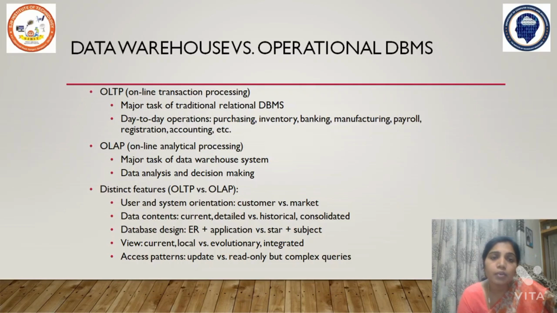Day-to-day operations such as purchasing, inventory, banking, manufacturing, payroll, registration, accounting, etc. occur in OLTP. Next we have OLAP, online analytical processing. The major task of a data warehousing system occurs with OLAP, where data analysis and decision making happen.